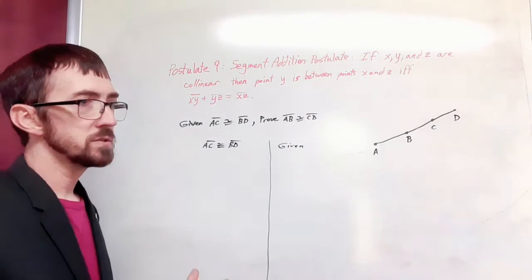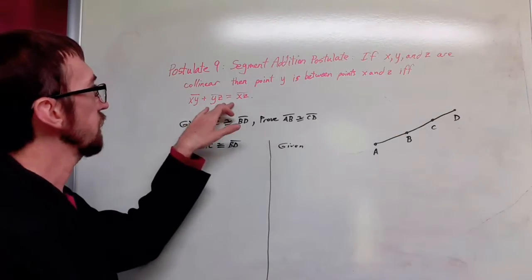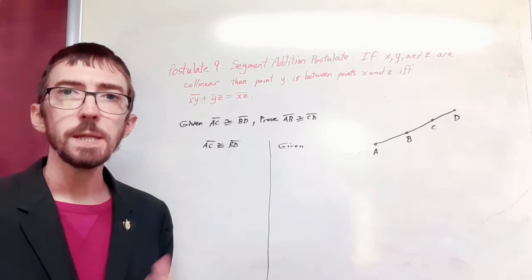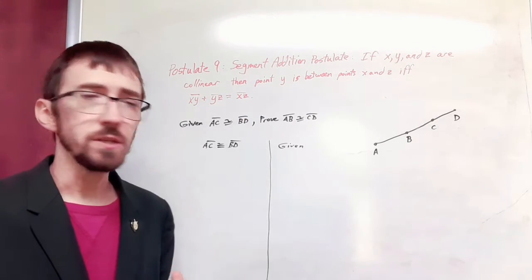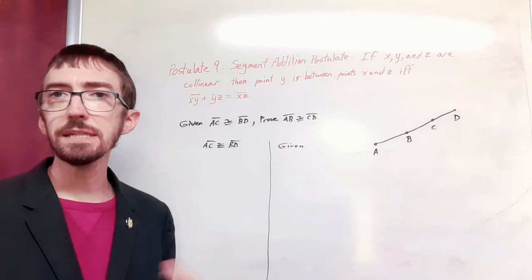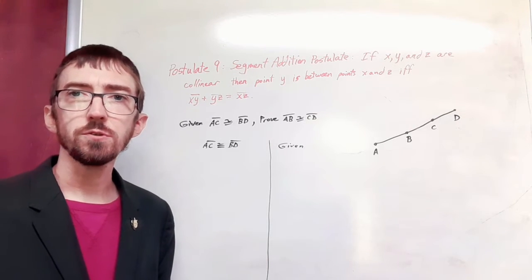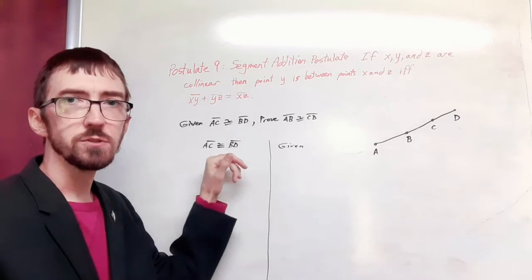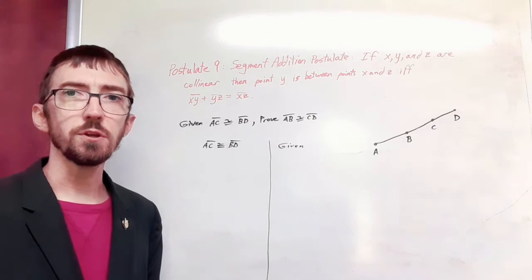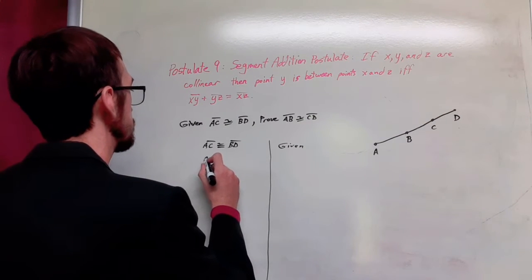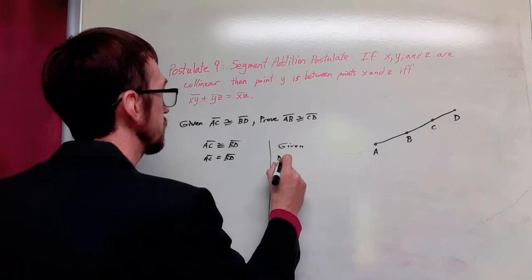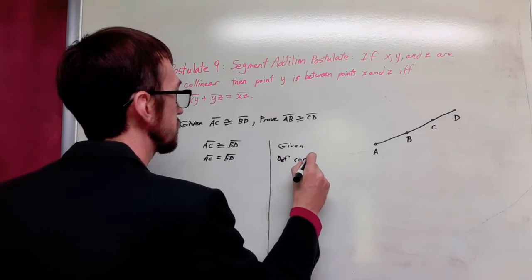And then to be able to use this property, which involves some addition and equality, we want some algebraic manipulation. So we want to switch from congruence to equality, and we can do that easily through the definition of congruence. So we essentially on this side are just rewriting this with an equal sign. On this side, our reason is definition of congruence. So we have segment AC is equal to segment BD by the definition of congruence.